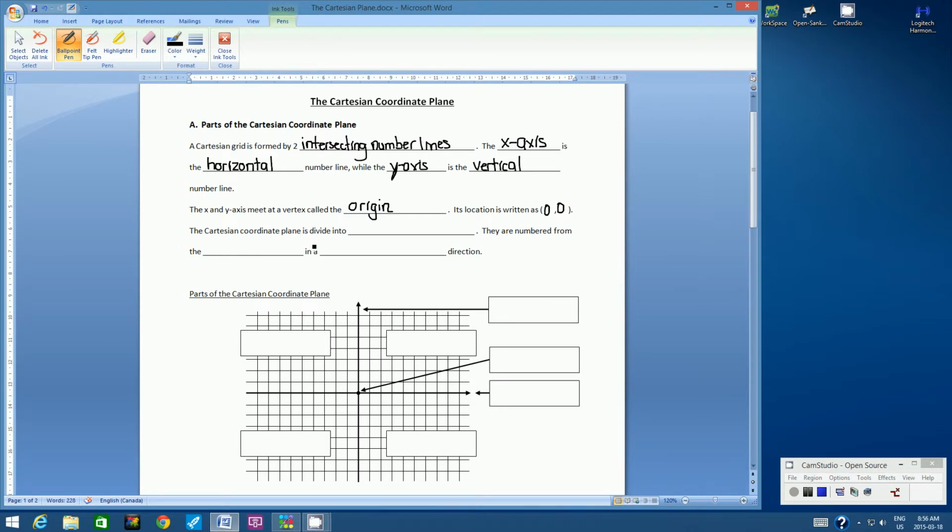The Cartesian coordinate plane is divided into 4 quadrants, essentially 4 sections.